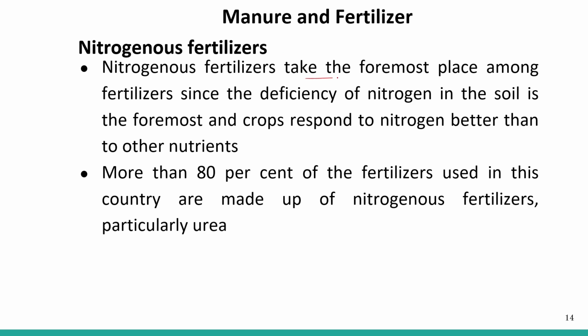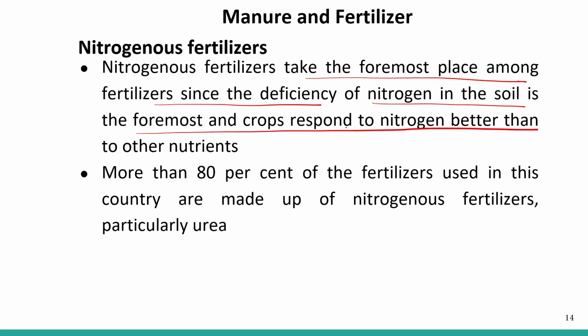Nitrogenous fertilizers take the foremost place among the fertilizers, since the deficiency of nitrogen in the soil is the foremost and the crop responds to nitrogen better than other nutrients. This is a very important nutrient that must be present in the soil, and it is required in a very large quantity by the plant.